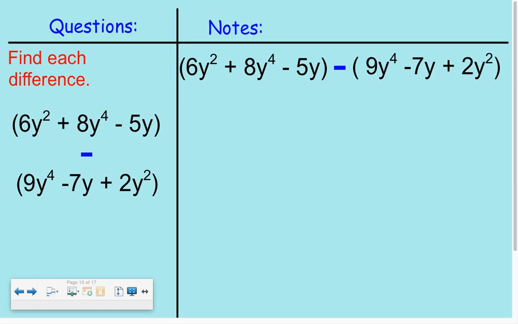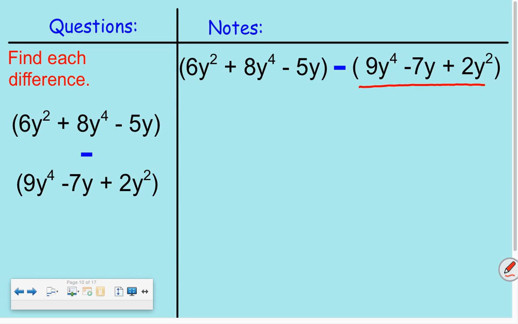Now something a little bit different happens with subtraction, because the subtraction is actually applying to everything in this second parenthesis. So that negative needs to go to each one of those numbers.